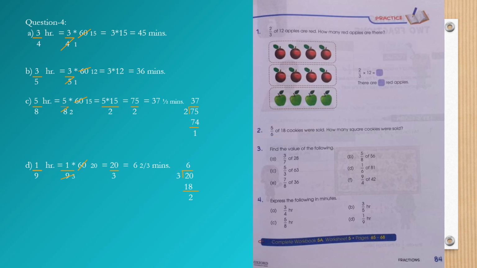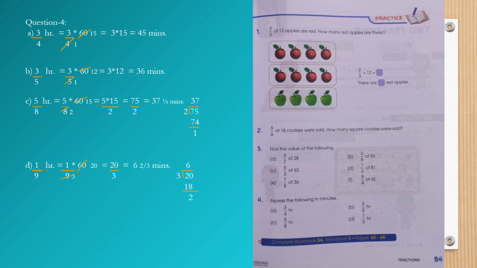First we multiply 5 and 15, which is equivalent to 75, and then we divide this number by 2, and in order to convert this fraction into a mixed number, we have to perform a division, and we know that 2 into 37 is 74, so we have 1 as a remainder, so we can write it as 37 whole number 1 over 2 minutes, which is our answer.